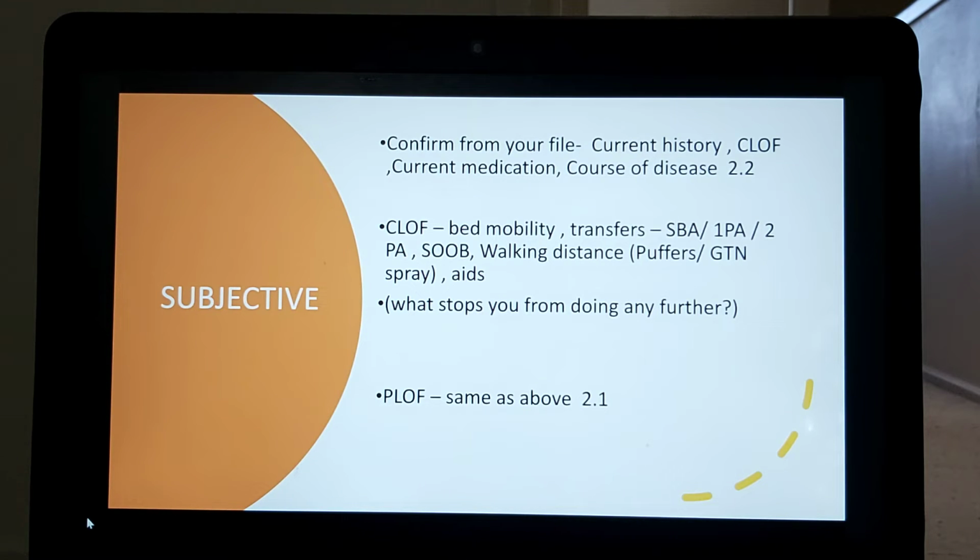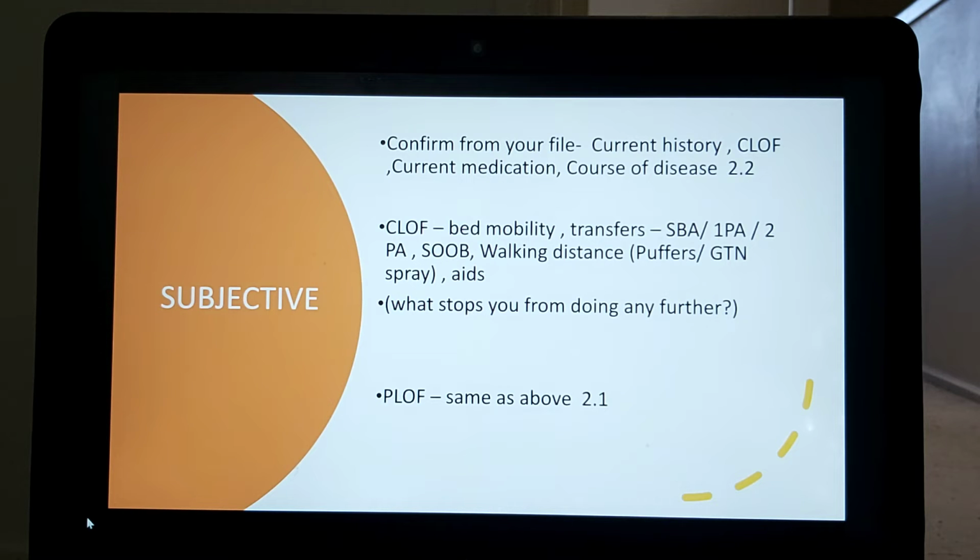Is it that you're getting too tired, or is it that you don't want to do it at all? And at that point, if they say breathlessness, then right away please remember to ask about puffers or GTN spray if it is a cardiac condition, because when you ask about walking, if they say yes to these medications, you then have to ask, where is your puffer, where is your GTN spray?